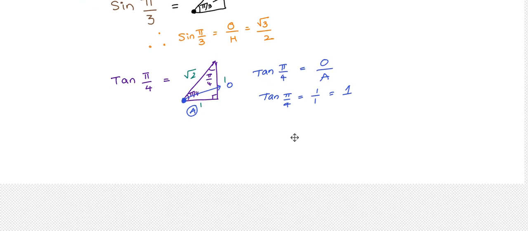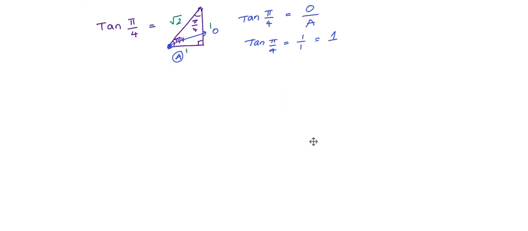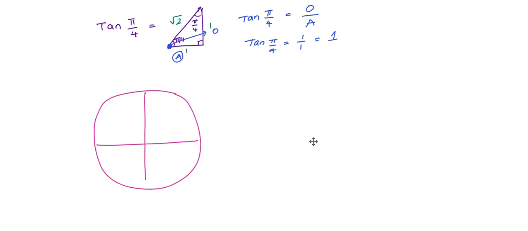Now let's look at symmetry using unit circles. So we got two unit circles. The first one is anti-clockwise, which is going this way. So it's 0, pi on 2, pi radians, 3 pi on 2, 2 pi.